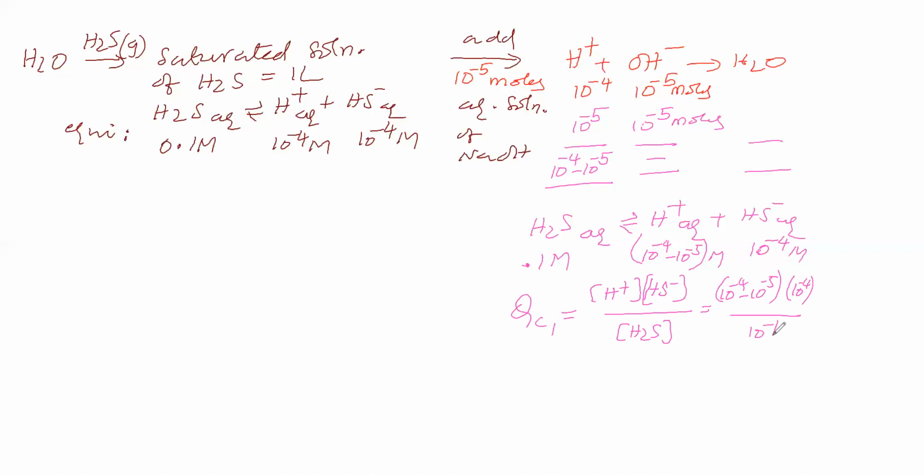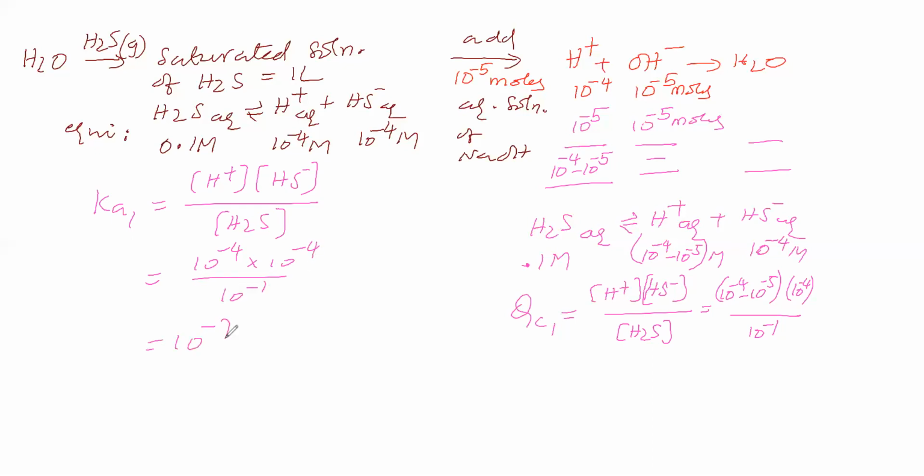We got QC1. Let us compare with Ka1. Ka1 is equal to concentration of right side terms in the numerator, concentration of left side terms in the denominator. Let us substitute the concentration values. We will get Ka1. Sir, we will compare this QC1 with Ka1.